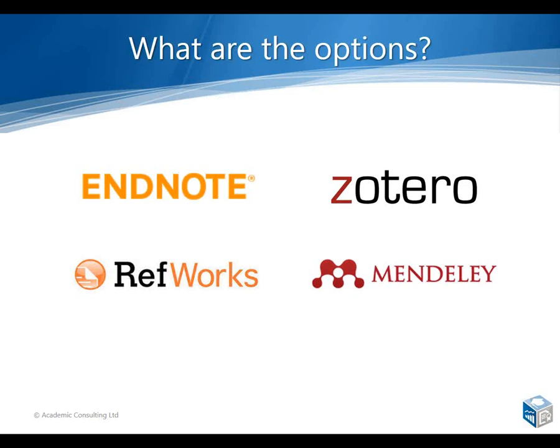Last option there, Mendeley. They had some very odd marketing material when it was first released. They described it as the most fun you could have with your pants on, which I thought was a really awful way to describe a reference management software application. Similar to Zotero, Mendeley is free.